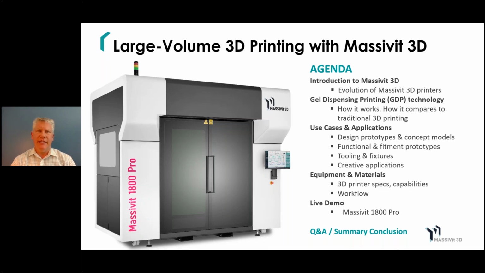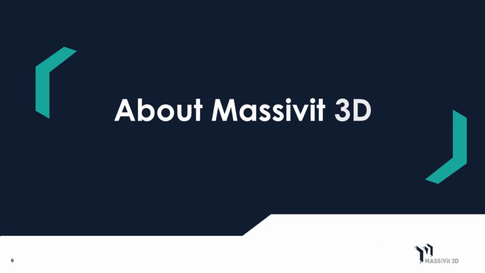We'll get into some detail on applications regarding design prototypes, custom pieces, fixturing, tooling, molding, and creative applications like visual communication items, scenery, and displays. After a review of the equipment, we'll talk about the workflow that's needed, and then we'll get into a live demo straight from our headquarters online. Lastly, we'll answer everyone's questions, and we'll make sure that you get a final summary.